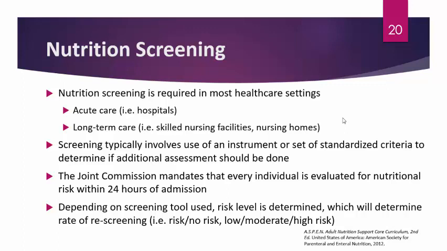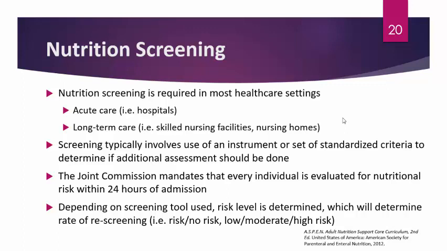And depending on the type of screening tool used, they will determine some kind of risk level, and that will determine your rate of rescreening. So those risk levels can be things such as determining if there's a risk or no risk at all, depending on the type of tool you use, or a low, moderate, high risk. So essentially it's a 2-parameter or a 3-parameter risk in most places.